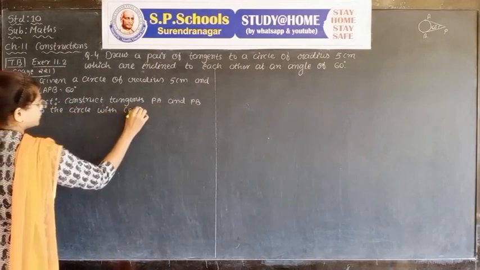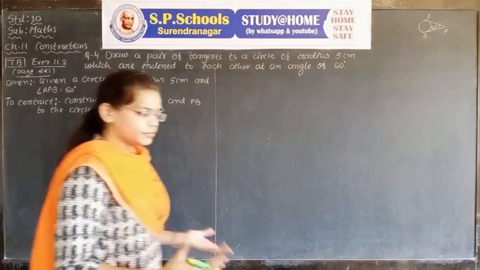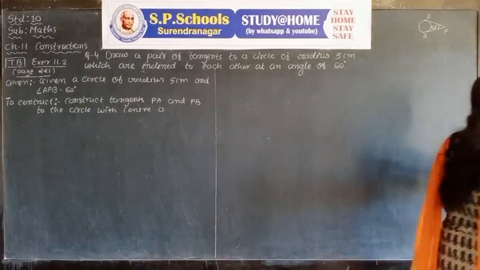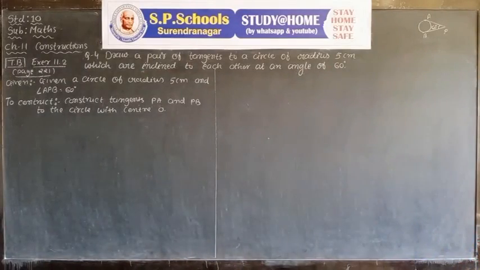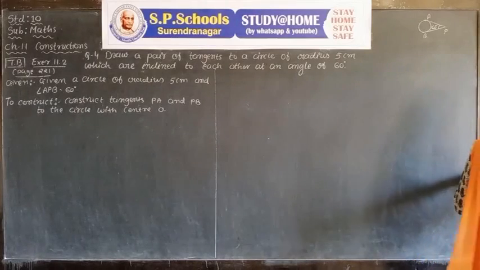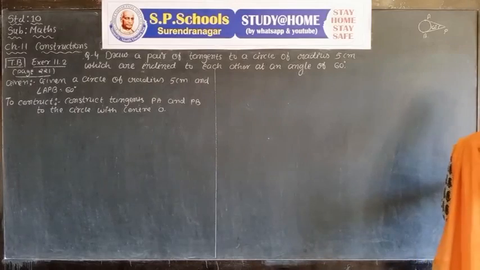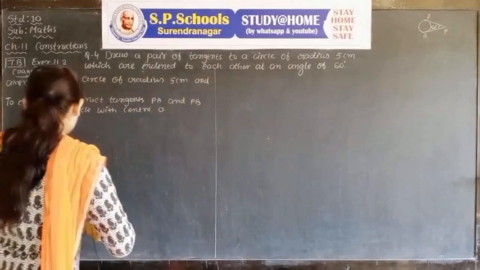with center O. Now first of all, we have to draw one circle of radius 4 cm, so take a radius of 4 cm using your scale. Use your scale and first take the measurement of 4 cm radius.